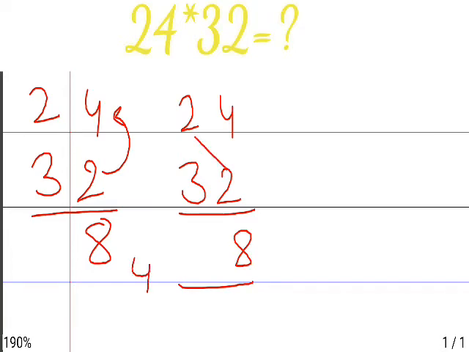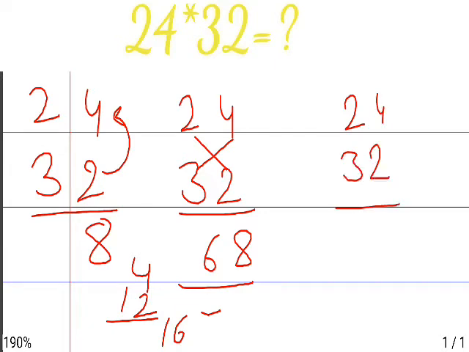We'll just write it over here. 4 threes are 12, 12 and 4 is 16, from which 6 will be written over here and 1 will be carried away. For the last step, 3 twos are 6 and 1 was carried from the last step, that is 7. So the answer is 768.